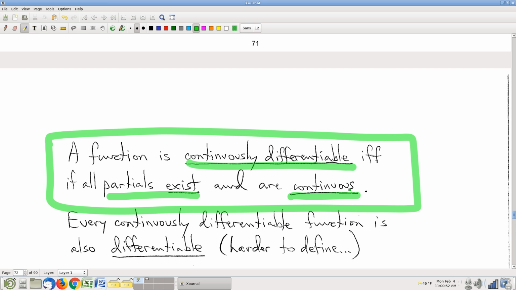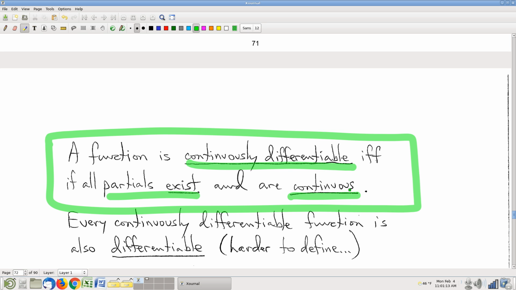Thus continuously differentiable. And here's another little bit of good news. Most functions that we're going to deal with are continuously differentiable. Vast majority of the functions that we're going to deal with are continuously differentiable.